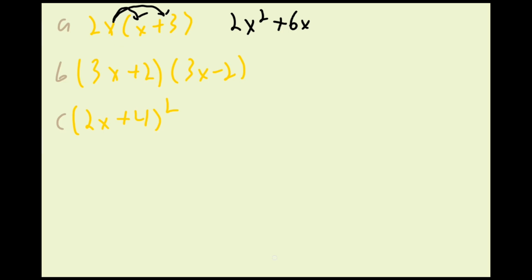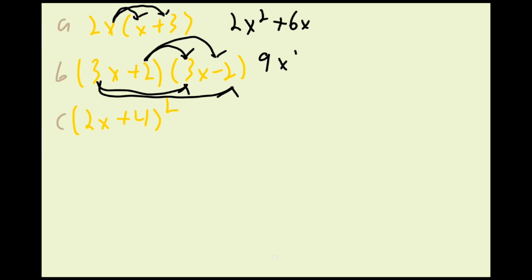Now for B, we're still going to distribute. It's just a little more steps. For B, we're just going to distribute again, like we did last time. 2 times 3x, and then 2 times 2. Then we'll distribute again to 3x times 3x and 3x times 2. This would eventually give us 9x squared.